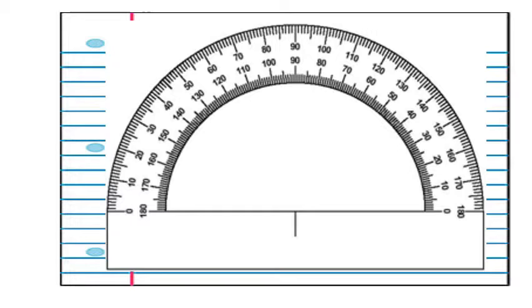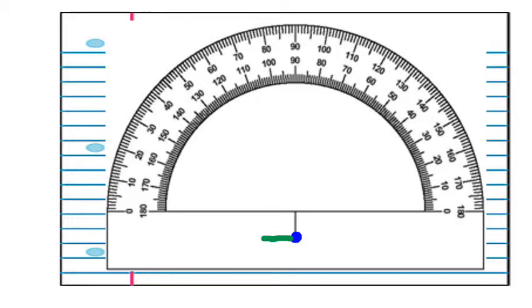It is possible that we have an angle that is a lot larger than 90 degrees. Again, we'll put the vertex of the angle right here at the middle point. You'll be able to identify that on your protractor.